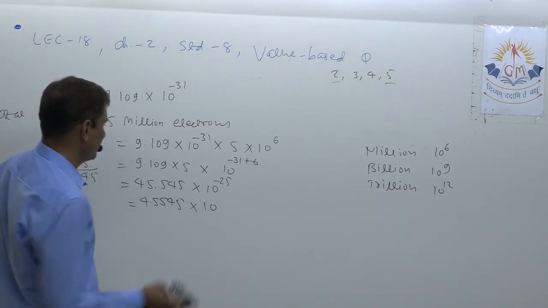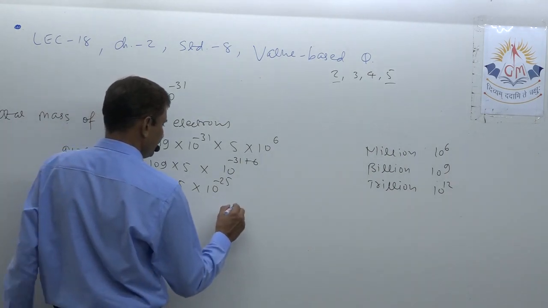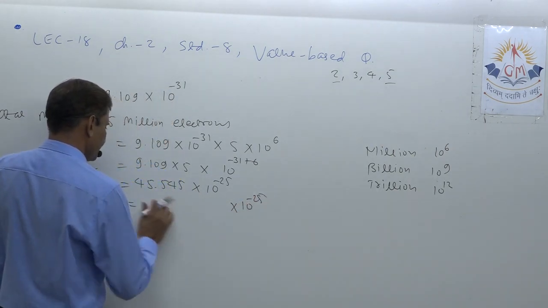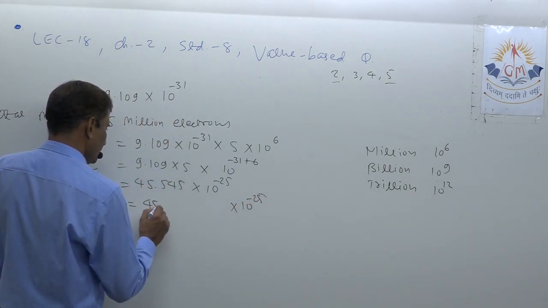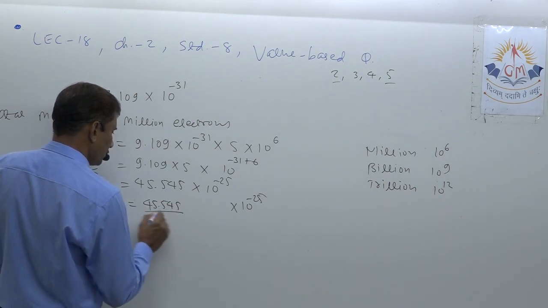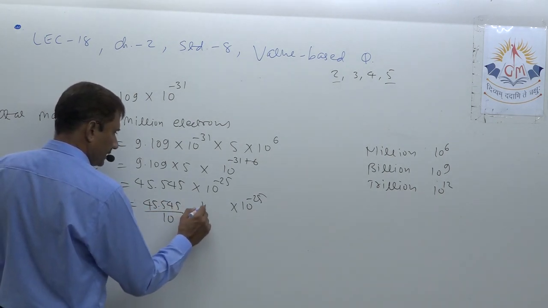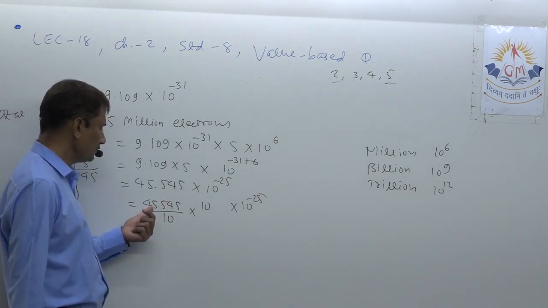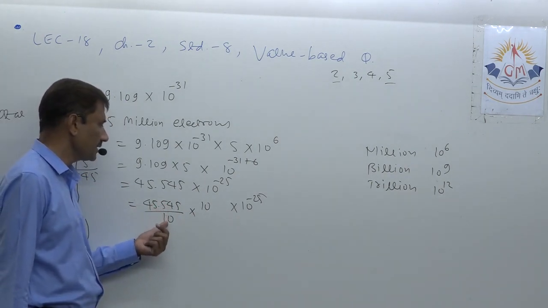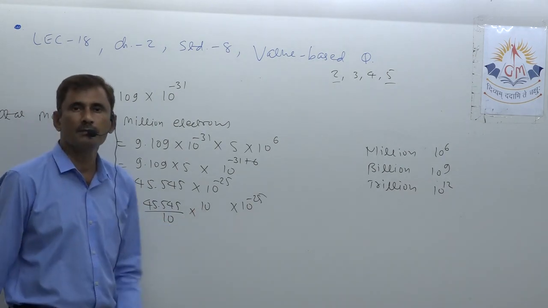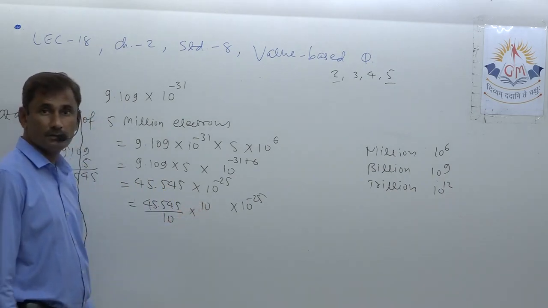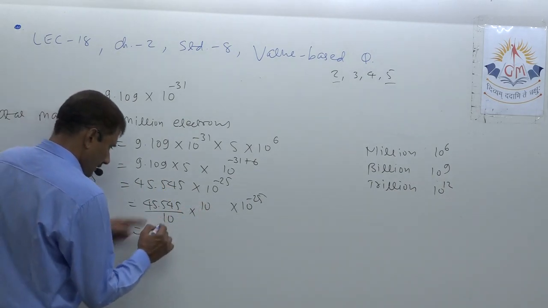Look here: you want the 10th part of that one, but for getting the 10th part you have to multiply by 10 also. Why? Because you want to shift the point here. Whatever you do here should be done here also.